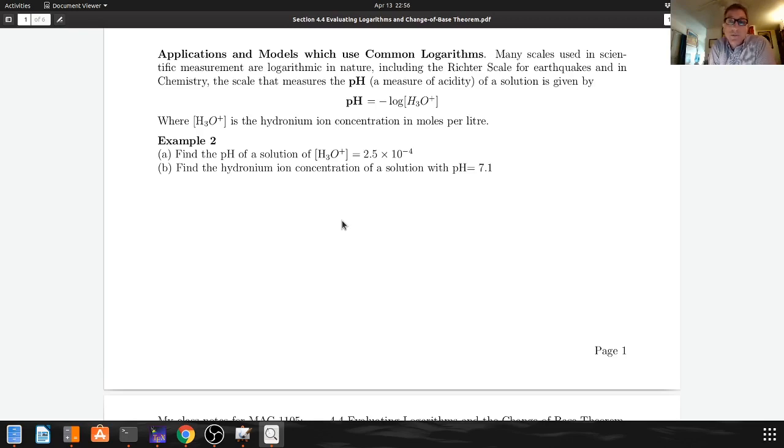So the Richter scale, for example, for earthquakes, an earthquake on the Richter scale of 6 and 7, that's a huge order of magnitude. Even though it's just 1 point up on the scale, a Richter scale 7 earthquake versus a 6 one is much more serious, much more powerful.